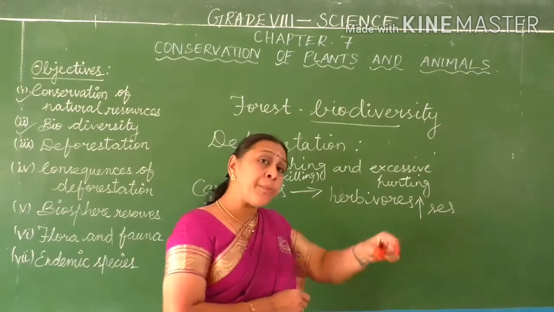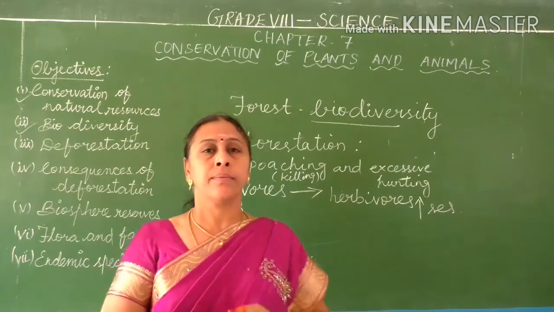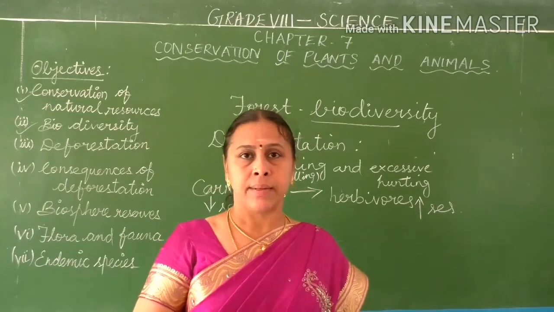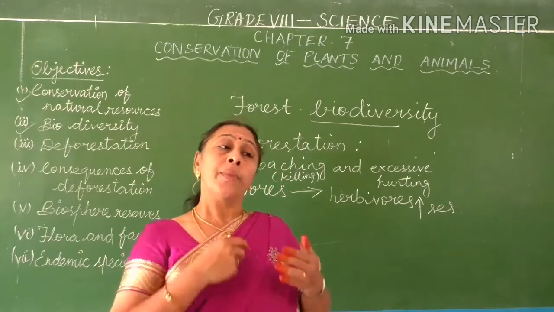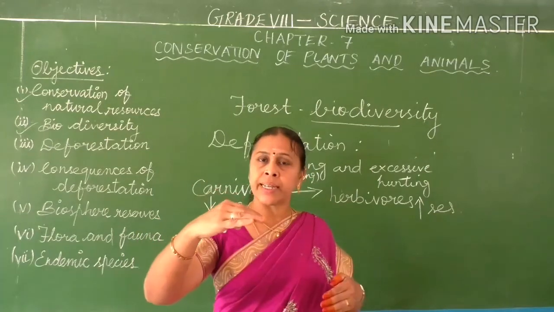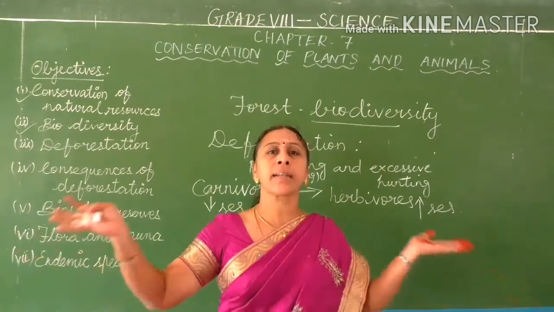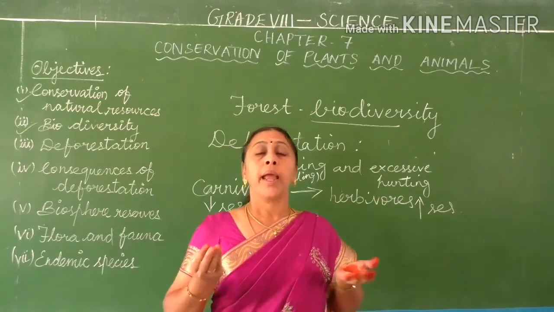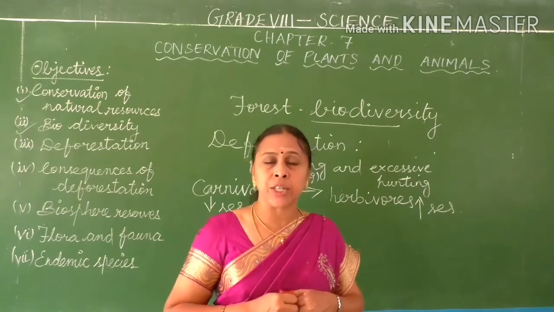These herbivores depend on what for their food? They depend on the plants or the grass. As the number of herbivores increases, they graze on the grasslands. They graze more. They consume more vegetation.